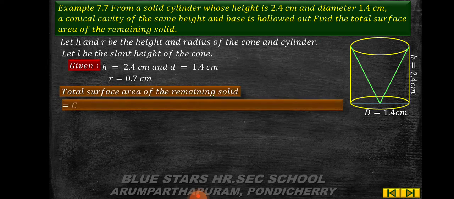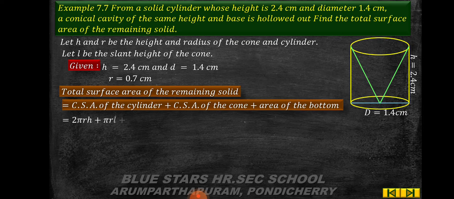Total surface area of the remaining solid is equal to CSA of the cylinder, that is curved surface area of the cylinder, plus curved surface area of the cone plus area of the bottom. So which is equal to curved surface area of a cylinder is 2 pi r h plus CSA of a cone is pi r L plus area of the bottom, that is area of a circle, is pi r square.